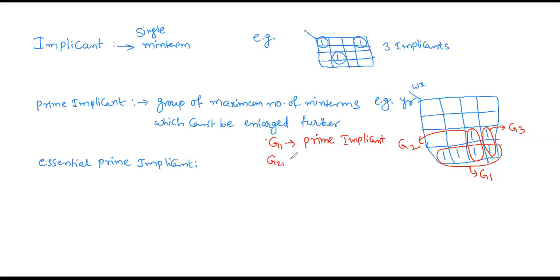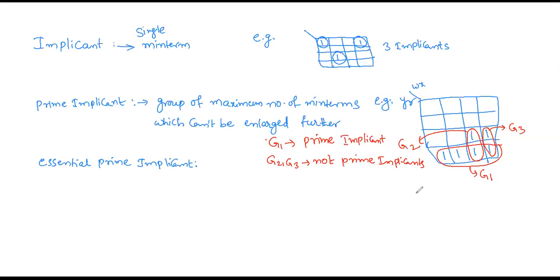G2 and G3 are not prime implicants. The reason is that for G1, there is no choice to increase its size. With 4 minterms, we formed the maximum.